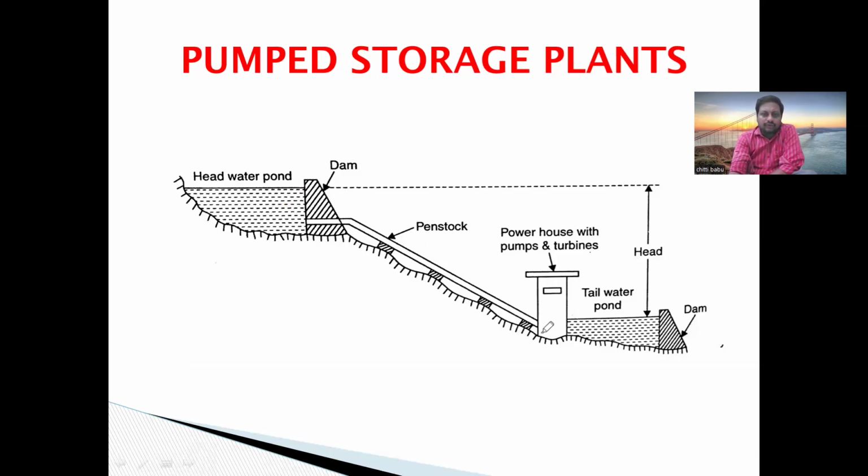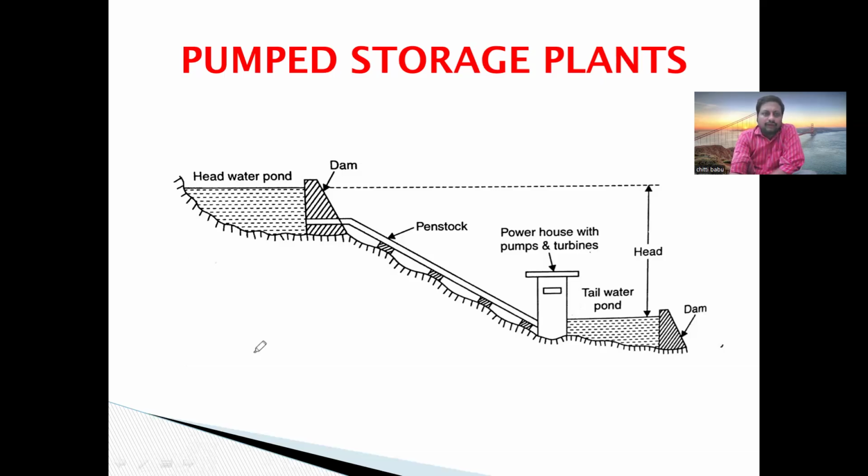At the end of the penstock, we have a nozzle. The outcome of the nozzle we call a jet. The jet of water will be striking on the turbine vanes. After striking the turbine, the water will be discharged to the tail race level.